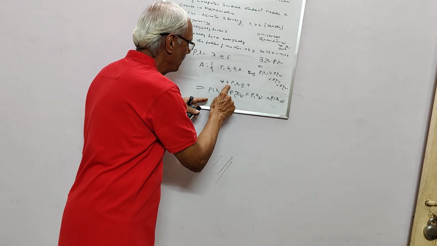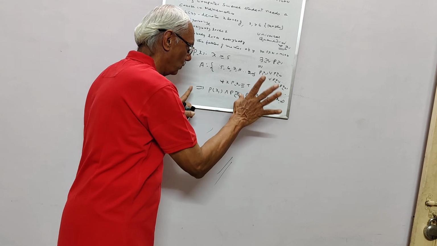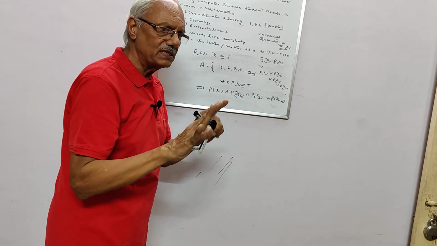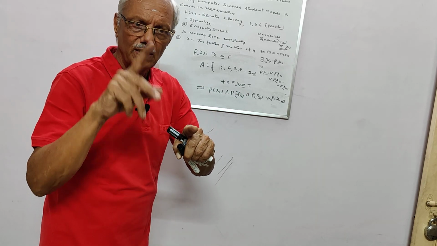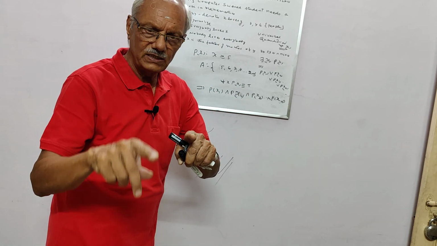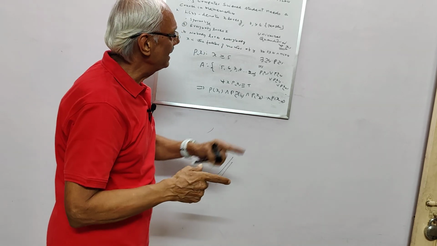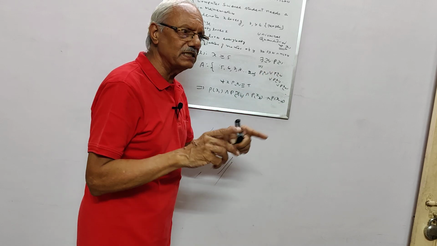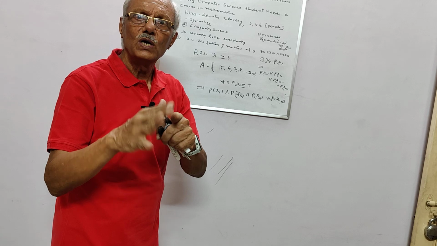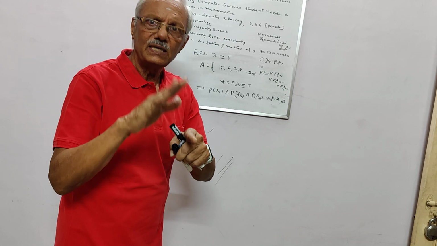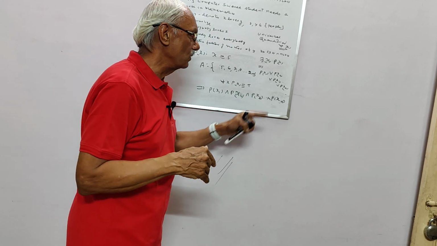If I say that for all x, p of x is true, that means everything must be true. That is, for all x, p of x means p of x1 conjunction p of x2 conjunction up to conjunction p of xn. But if I say there exists x, p of x means p of x1 disjunction p of x2 disjunction p of x3 disjunction up to p of xn.